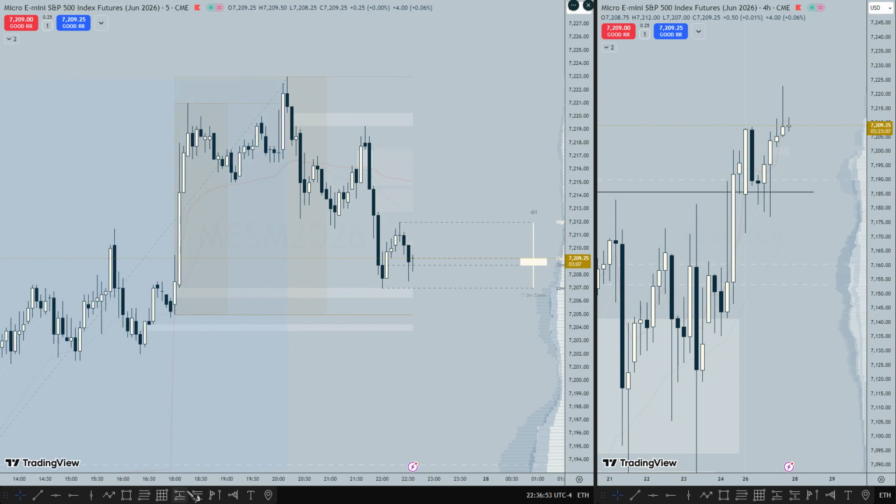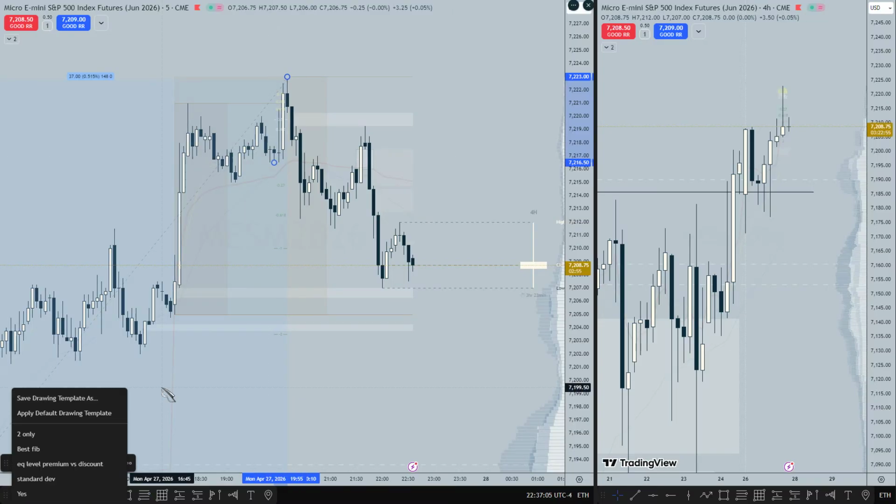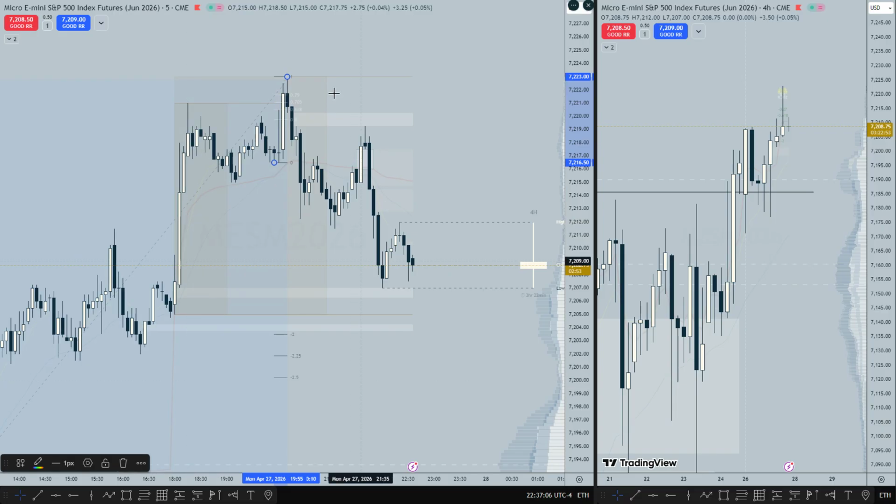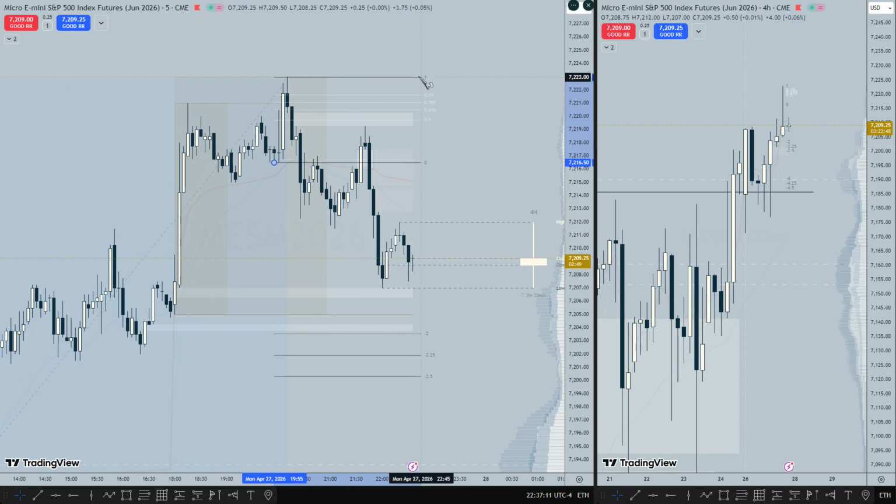So that's the manipulation. We're going to take the Fibonacci retracement again, and I'm going to show you how I plot this. I plot it from the high to the low for the standard deviation, and then I change it to standard deviation. Then I'll drag this out a little bit and show you my settings too.